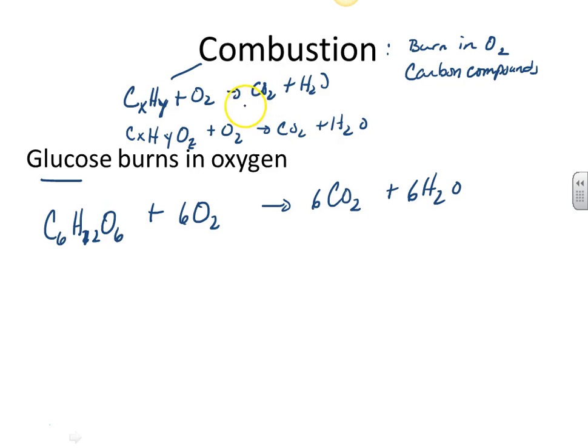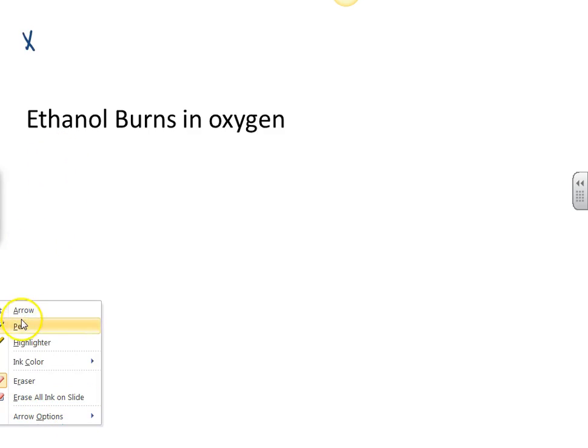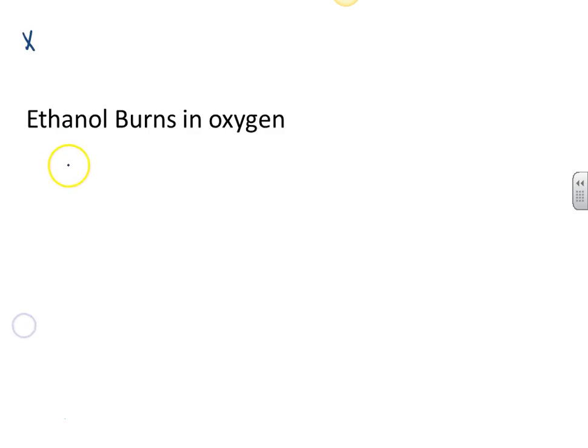You'll notice that really the only thing that's changing is what's being burned. So this is an easy one to remember. And we've got ethanol, C2H5OH, burns in oxygen, and the products are going to be CO2 plus H2O.